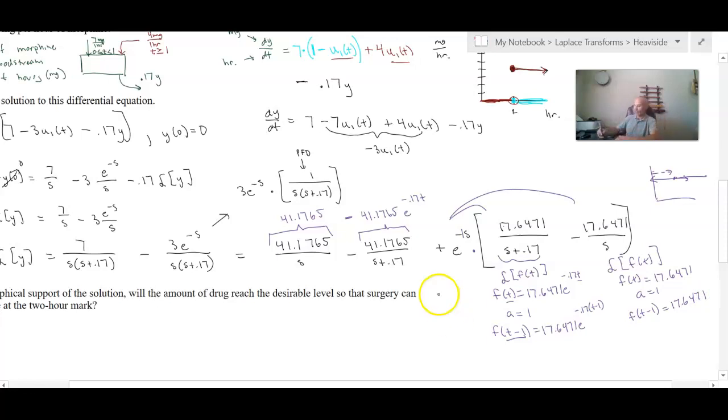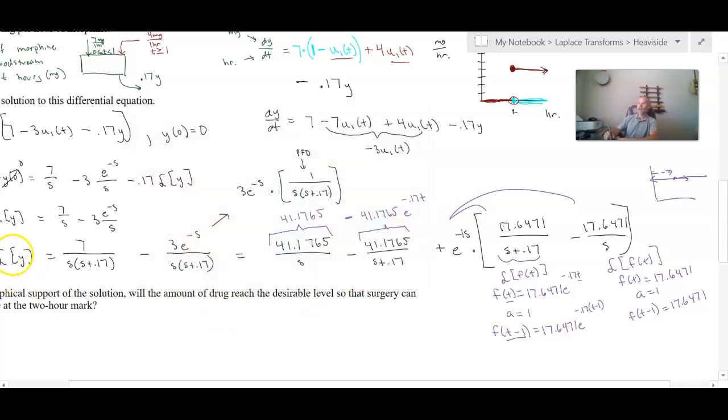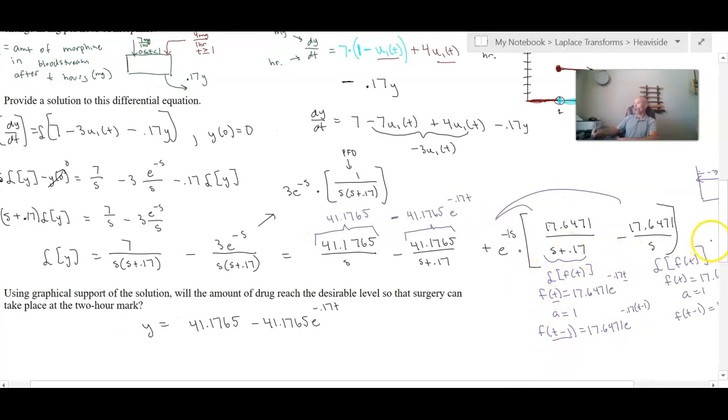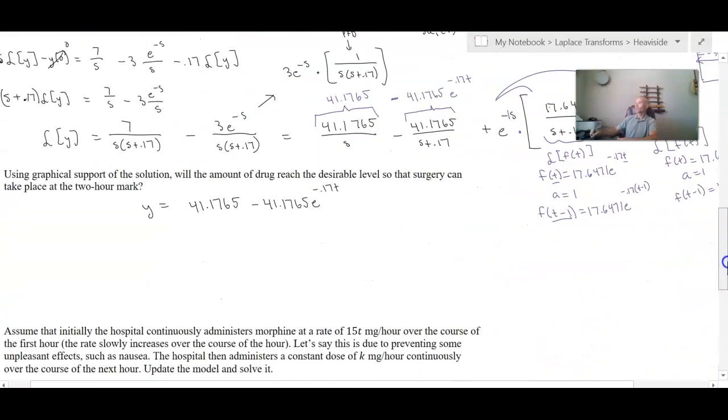All right, putting it all together. Now we invert both sides. We already know this is 41.1765 minus 41.1765 e to the negative 0.17 t. Now, to put our work into action here, recall that this is going to be the Heaviside times f of t minus a.